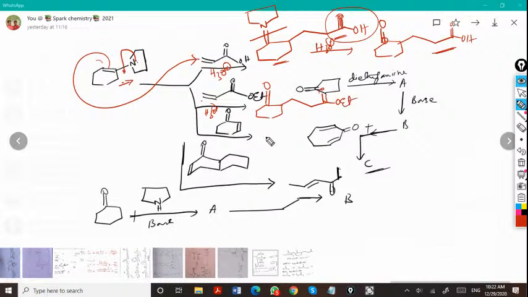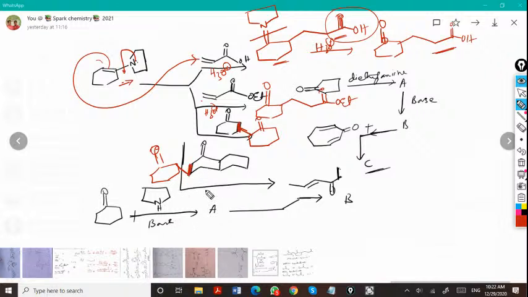If this is there, it will be a double bond, and here bond formation will be there, so you can write directly. Remove this bond, it becomes a single bond. So this will be the product. Similarly with this, the alpha carbon of the carbonyl is going to attack, so that's why we call it alpha alkylation. So this will be the product.